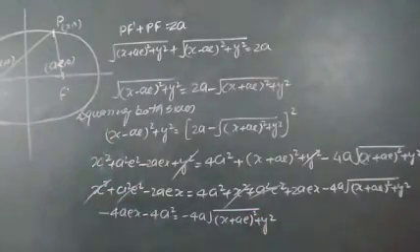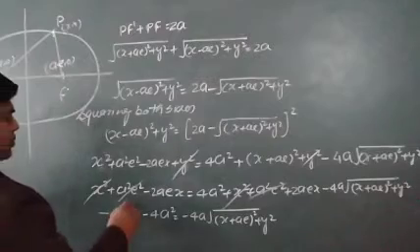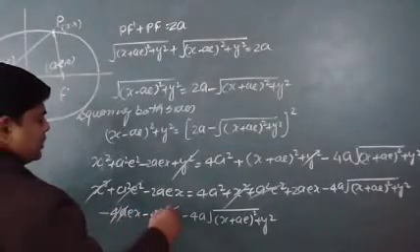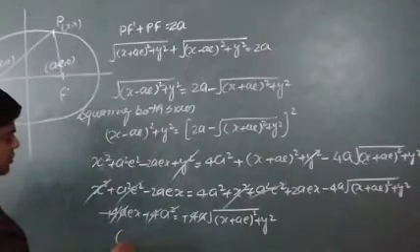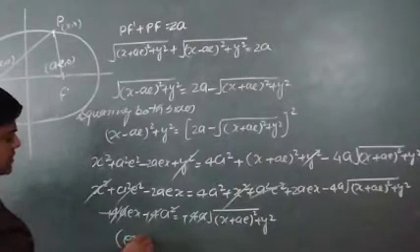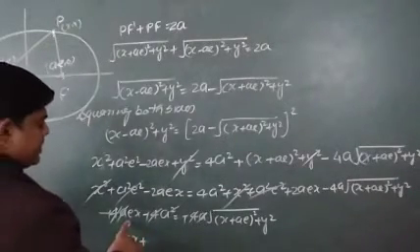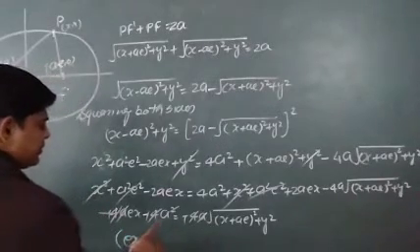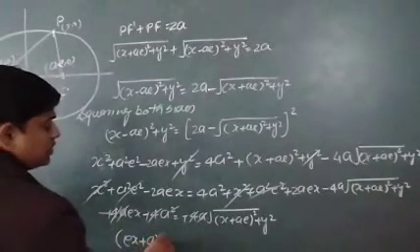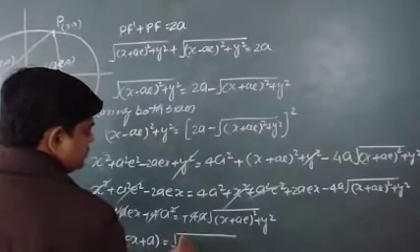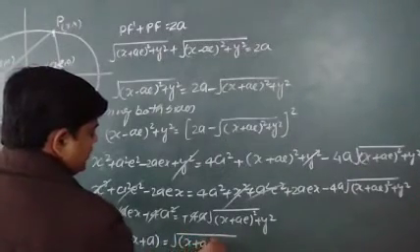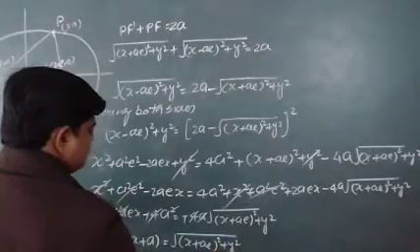What I am thinking, 4a can be common and it can be cancelled easily. If you see, 4 and 4, and then minus minus will be plus. I am having now ex plus a is equal to under root x plus a e the whole square plus y square.